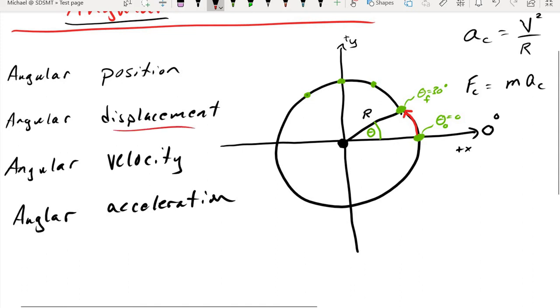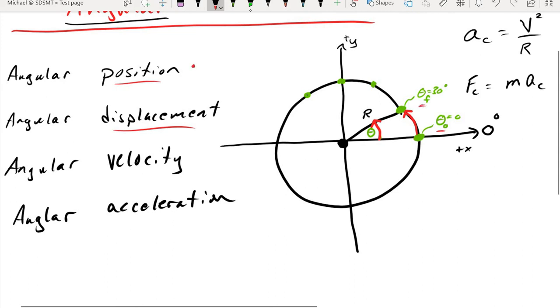That displacement is just a change in the position values. Since we're not going to consider physical displacement right now, since we're using angular displacement, well, we'll just take the difference in the initial angle and the final angle.